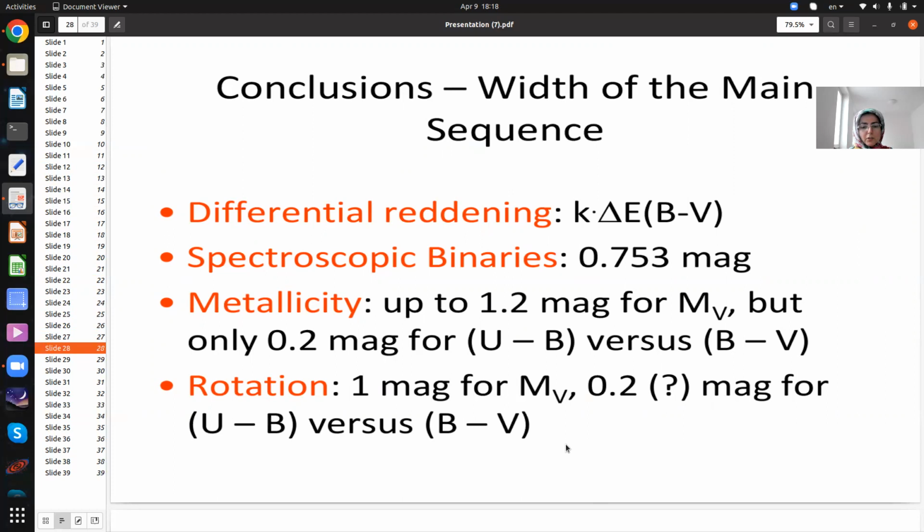Then spectroscopic binaries: if we have two stars in a binary with the same temperature, they are more luminous. Metallicity: we can see different luminosity or absolute magnitude because the stars have different metallicity. And last, rotation, which changes the magnitude by up to 1 magnitude.